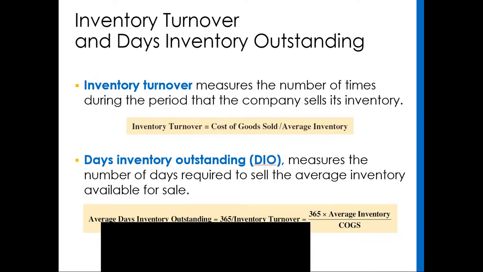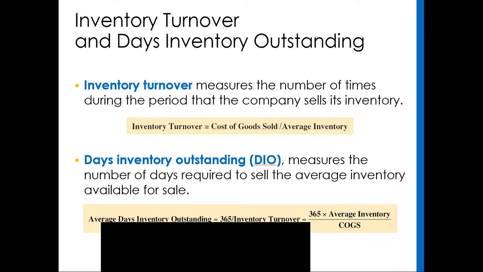This is one of those formulas that I'm going to ask you to memorize and to know. We have our income statement item in the numerator. We have our balance sheet item in the denominator. And the balance sheet item has to take an average because we have an income statement item to put with it. So we have our cost of goods sold and our average inventory.